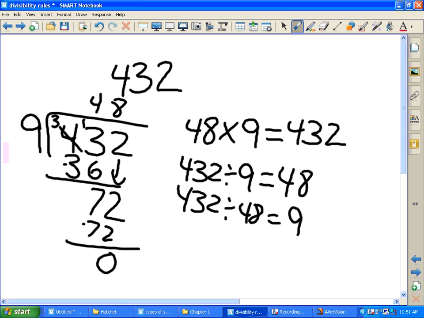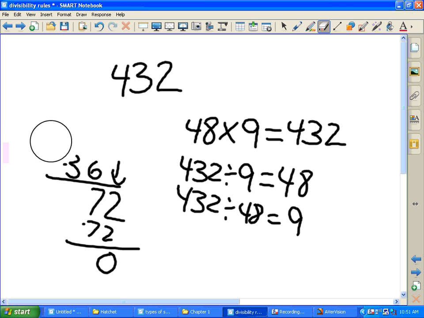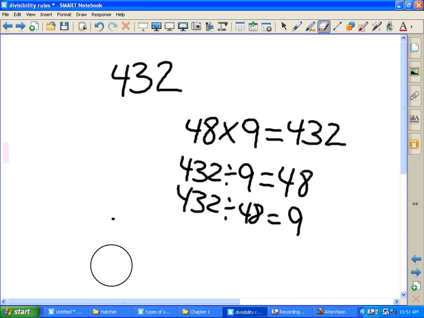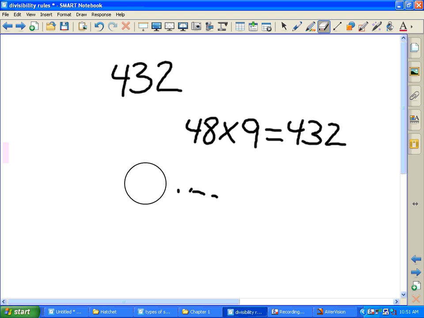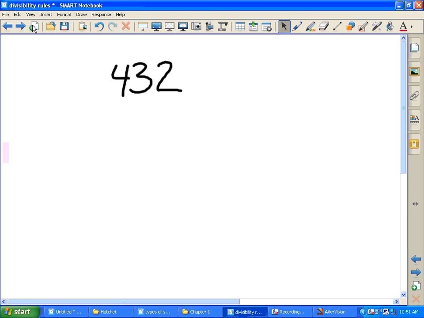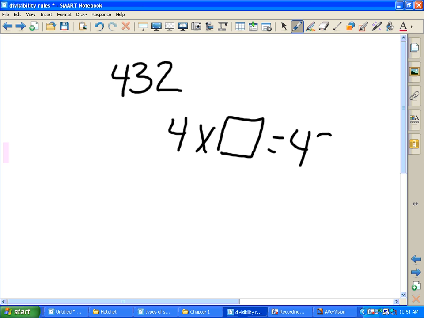Okay, so now let's go back to our original number, and let's look at 432 and 4. I want to know, can I take 4 times something to equal 432? Now, the process of dividing can be a long process, right?